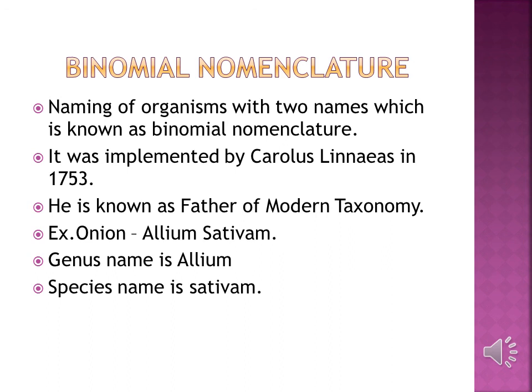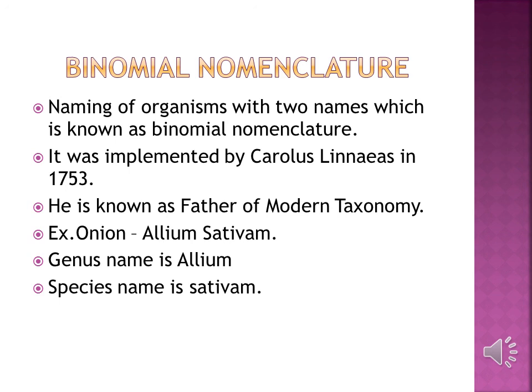Thus, it creates a lot of confusion. To get rid of this confusion, a standard protocol came up. According to it, each and every organism would have one scientific name which would be used by everyone to identify an organism. This process of standardized naming is called binomial nomenclature.